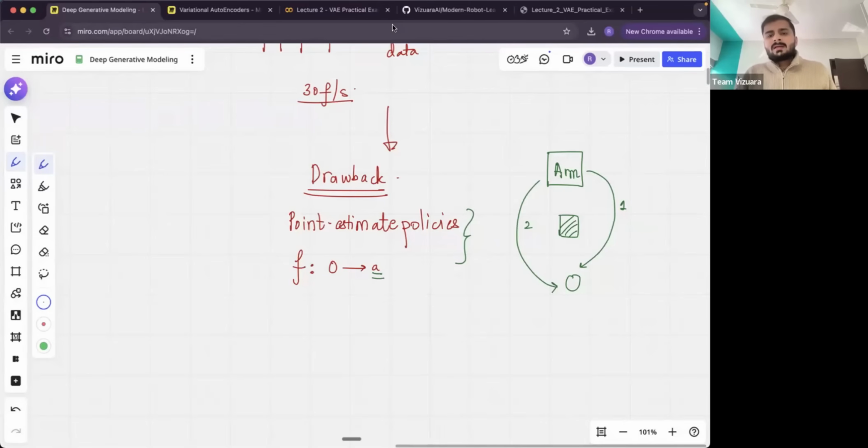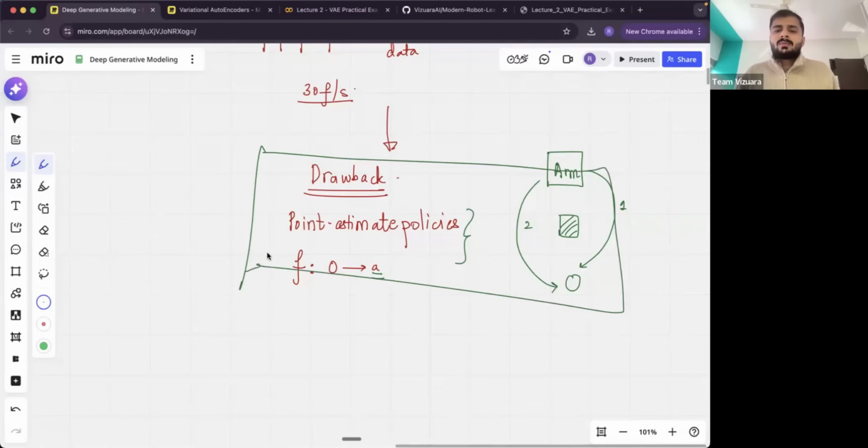And this failure is inherent in the way we have designed the policy itself. We have told the policy that given a bunch of observations, given the proprioceptive data of the arm, this is the action that you are supposed to take. But we are not telling it that, okay, given the observation, these are the possible actions that are available at your disposal. So this is the major drawback, and this is what is going to lead us to this field of generative modeling.